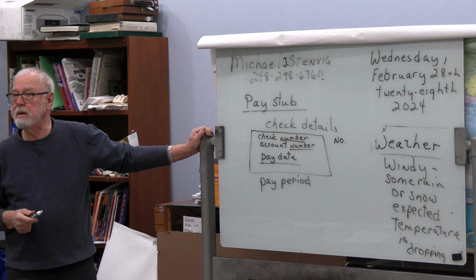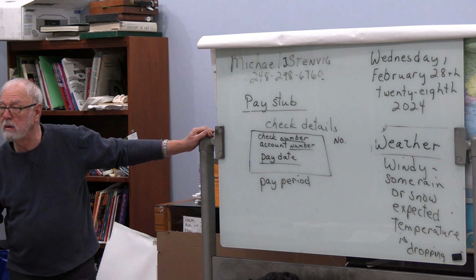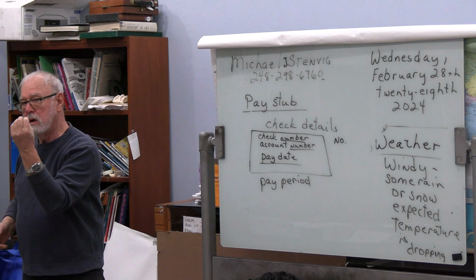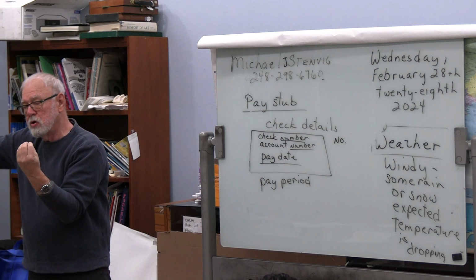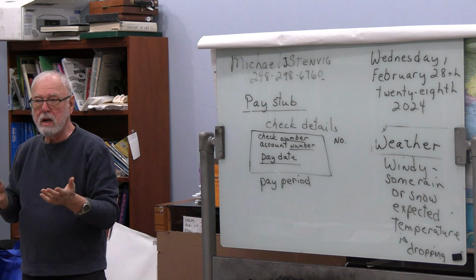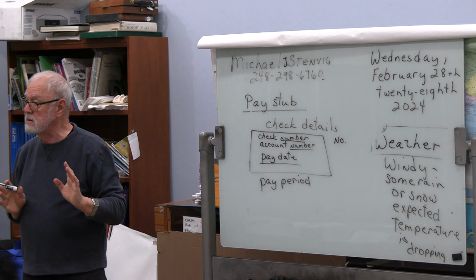What does pay period mean? The pay period will have from this date to this date. A week, two weeks, a month, whatever it says.